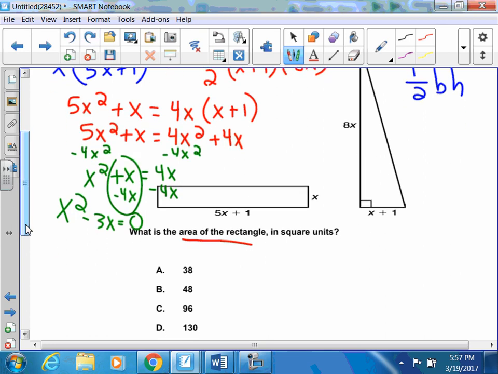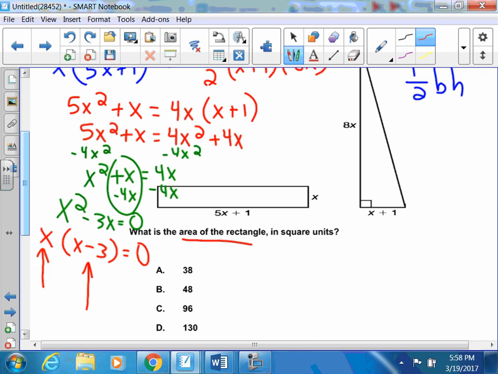And if we're going to factor that, well, we look for a greatest common factor. What can I divide out of both terms? I believe I can pull out an x. And then we're left with x minus 3 equals 0. And now you take each of these pieces, the x and the x minus 3, and set it equal to 0.